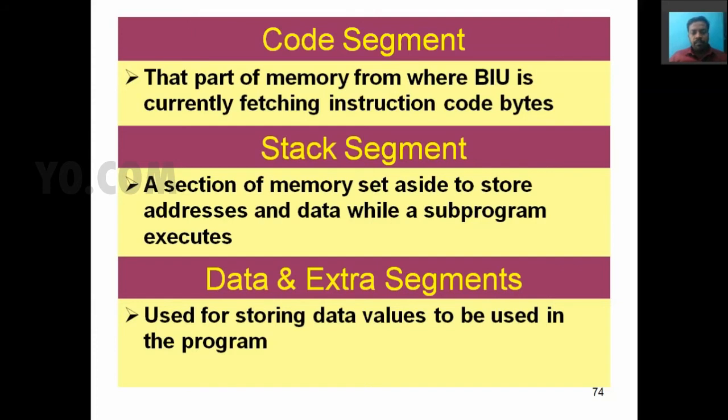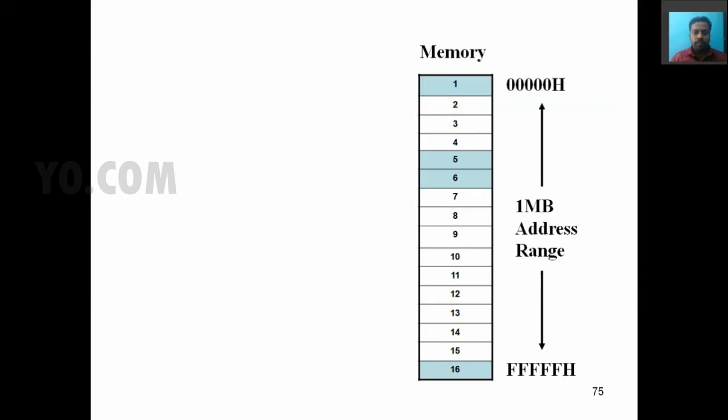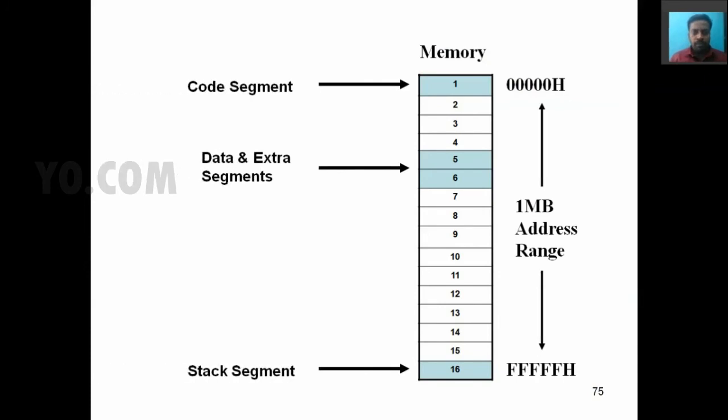Then the data and extra segments are used for storing data values to be used in the program. Again, looking at the memory, its capacity is 1 MB. The first one is the code segment, then the data and extra segments, and the last one is the stack segment.